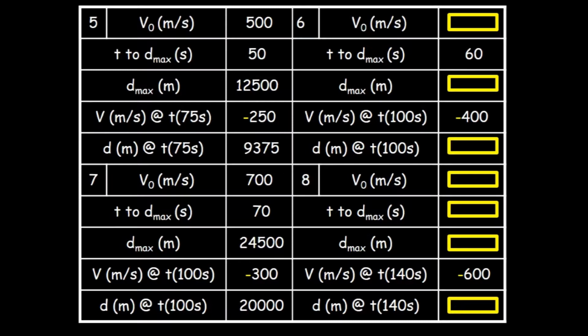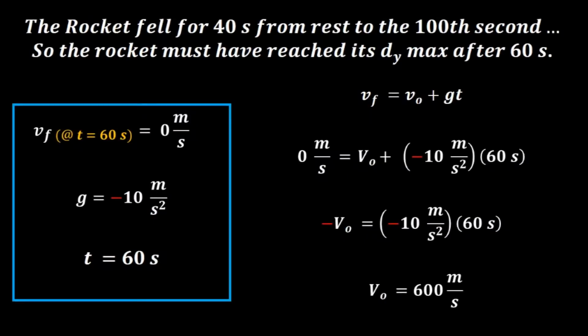Now, the next, we're going to look at what is going to be the initial velocity that the rocket had, that came to rest, or it was 0 meters per second at the end of the 60th second. So in order to see that, we know that the final velocity at t equals 60 seconds is going to be 0.